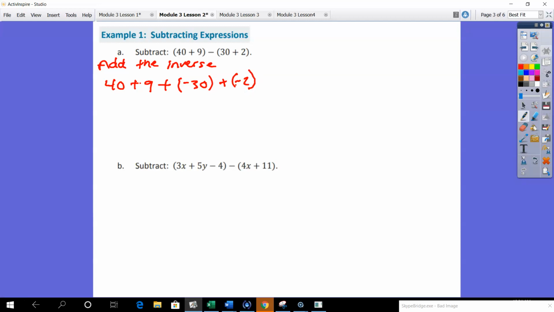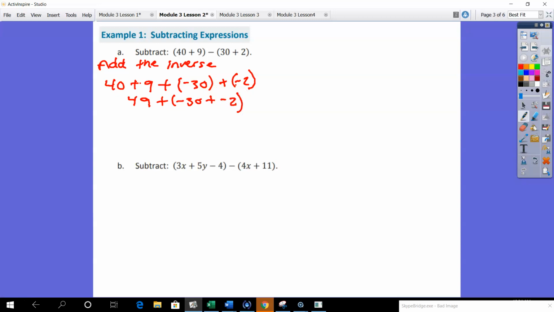So then 40 plus 9 is 49, plus negative 30 plus negative 2.